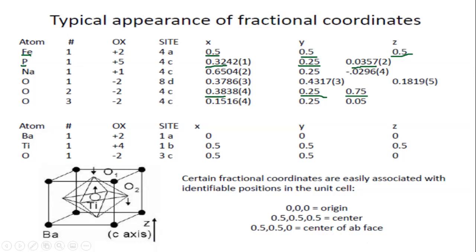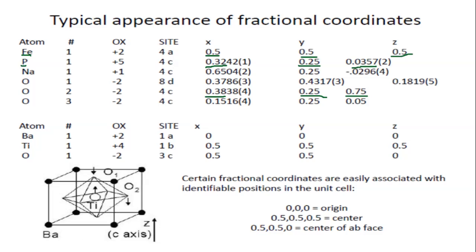The reason I've highlighted these coordinates is because when you see a coordinate like 0.5, 0.5, 0.5, that's a very clean set of fractional coordinates. It means it's very easy to identify where that is in the unit cell. Sometimes with what we call high symmetry structures, those atoms usually occupy what we call clean fractional coordinates.